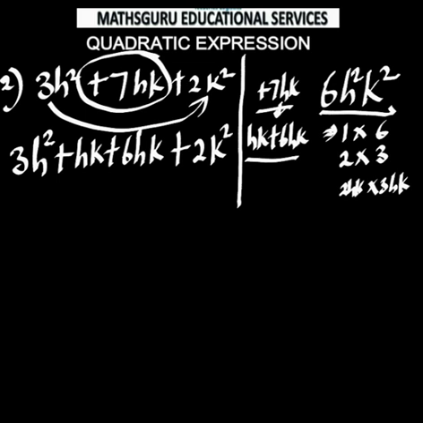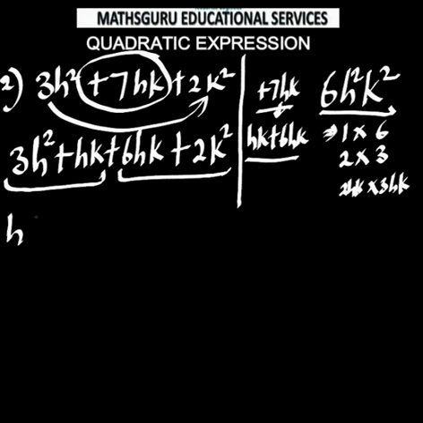So we are going to pair these terms we have now. So the highest common factor of 3h squared plus hk is h. H is the only thing common there.